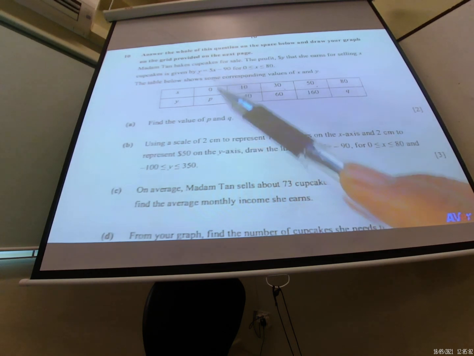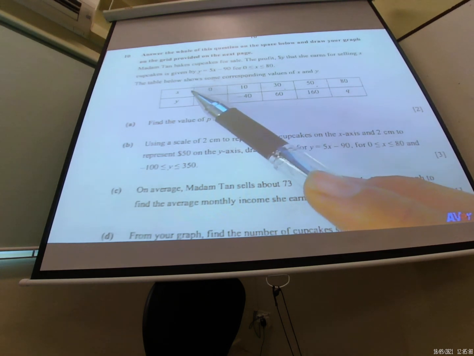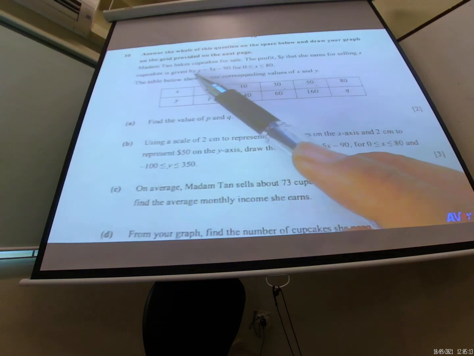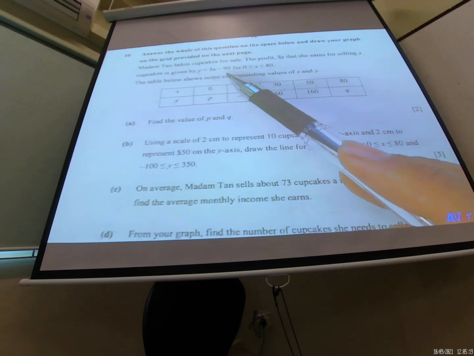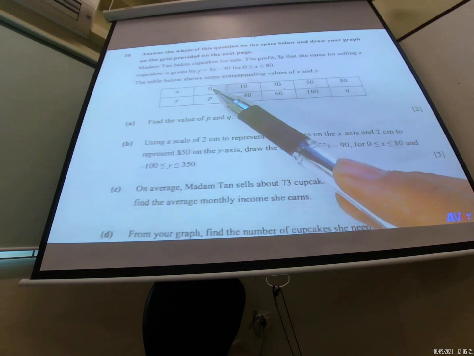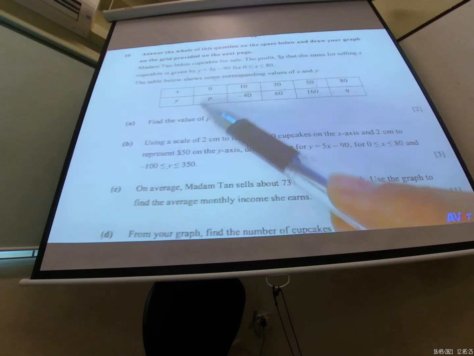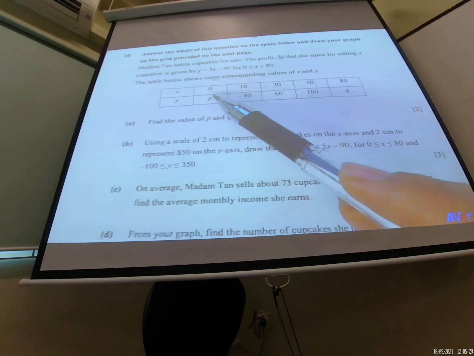When she baked 0 cakes, what is the profit that she earns? The number of cakes and profit are related by this equation: profit is 5 times the cupcakes minus 90. So for x equals 0, we need to find what y is, then we will know what p is.